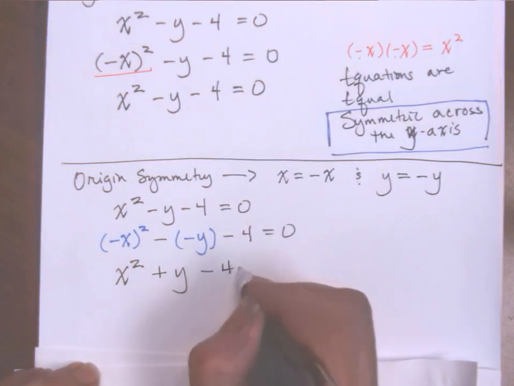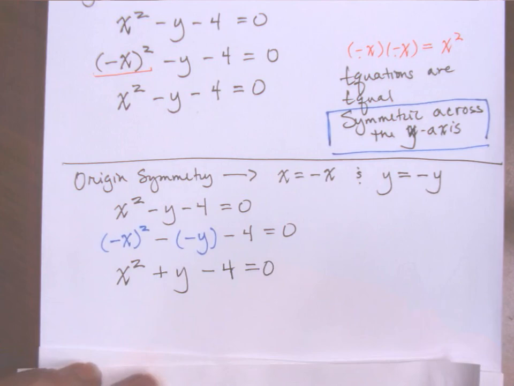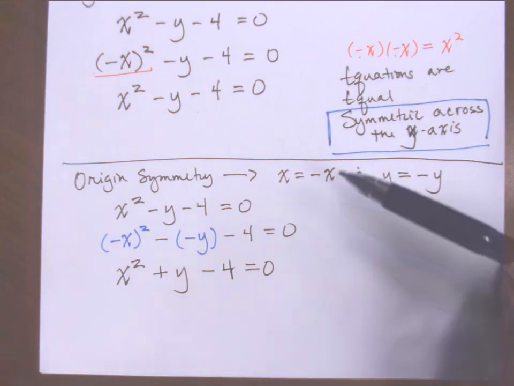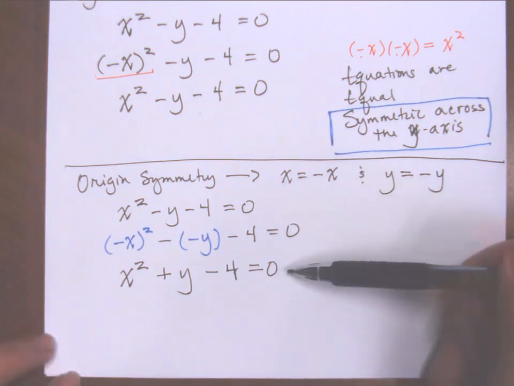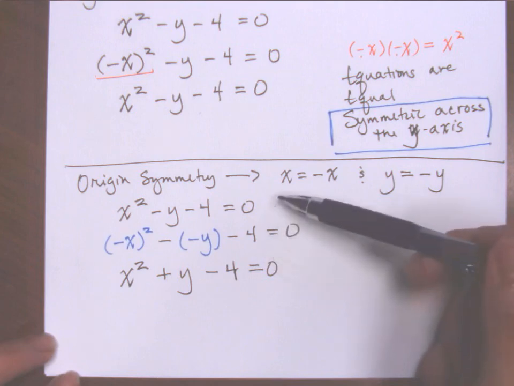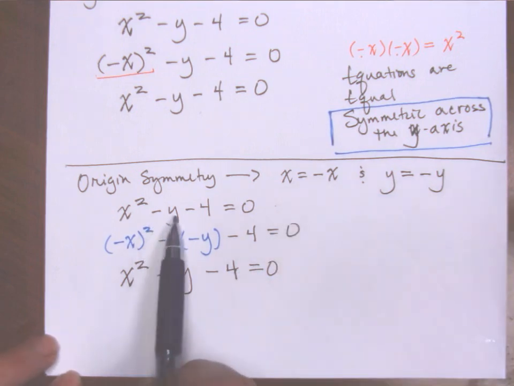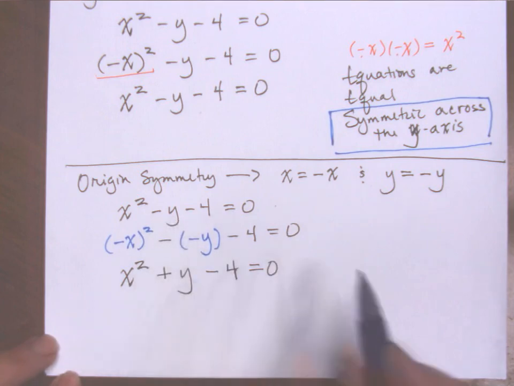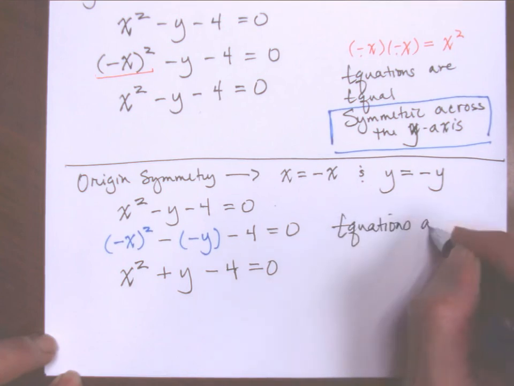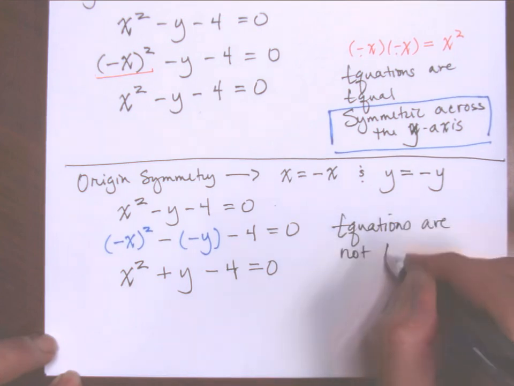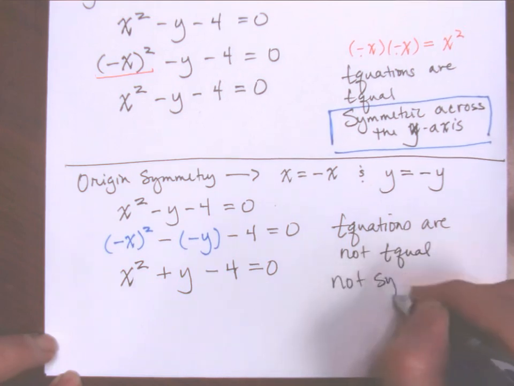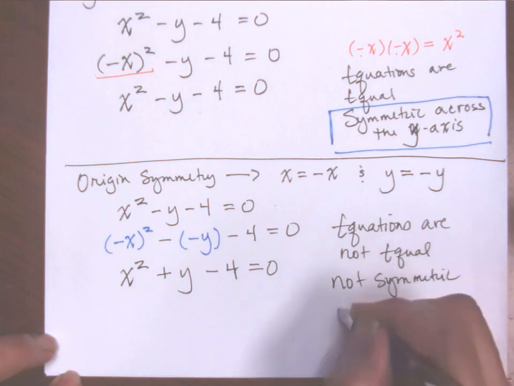And I still have minus 4 equals 0. Now that I finished simplifying, I'm comparing my equation to my original equation, and I can see once again that they are not the same thing. The difference is here. This is minus y, this is plus y. So the equations are not equal. So it is not symmetric across the origin.